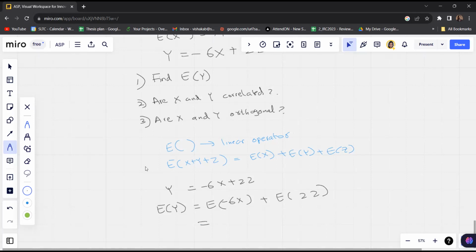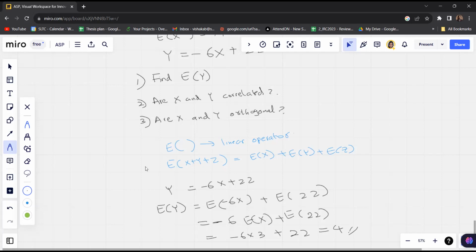So we will keep it as 22. For the case where we have minus 6 of EX, we have to take the constant out, and then we will remain with the EX. EX has been given to us as 3. So minus 6 into 3 plus 22. Expectation of a constant is the constant itself. So we will remain with 22 minus 18, which is 4. So yes, your answer is correct.